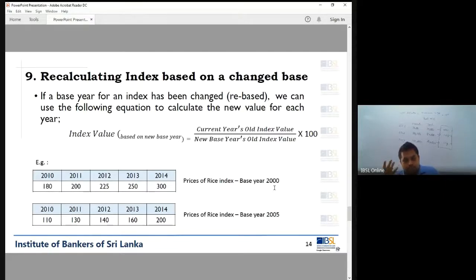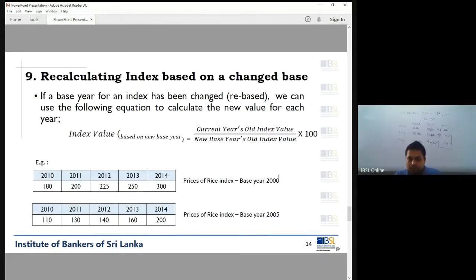So assuming now 2005 is equal to 100, you have already calculated values like 180, 200 using the previous base year assumption. For these individual points, this 180 is going to get a new value of 110 by using the equation depicted here. You use the current year's old index value divided by the new base year's old index value.